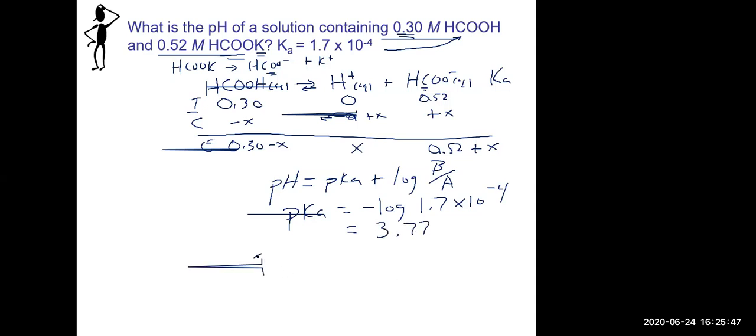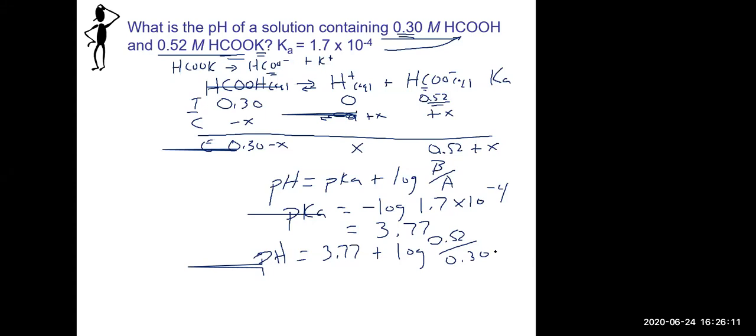That means that the pH is 3.77 plus the log. Our base, again, is going to be the potassium formate, which is this guy here, 0.52 on top, divided by our acid, which is 0.3.